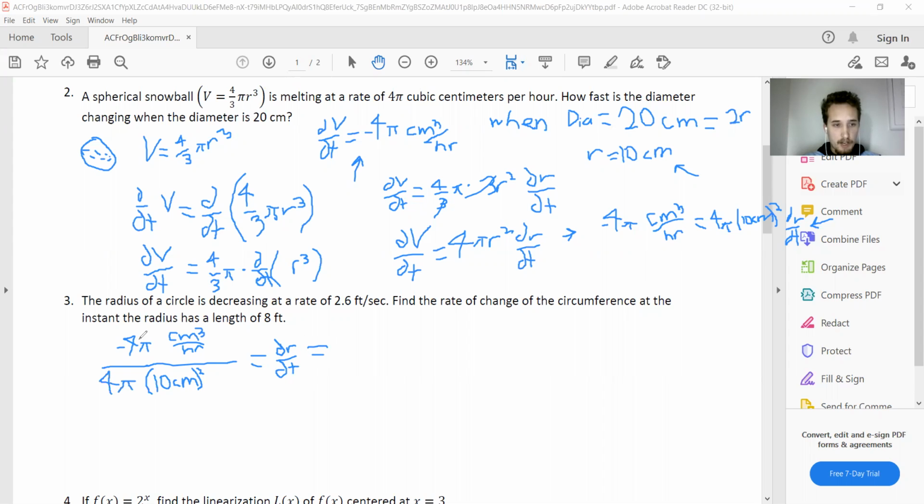And then simplifying, we can get rid of the 4 pi's. We can actually get rid of the centimeters squared, and that cancels out with 2 of the 3 up here. So we do get negative 1, 10 squared is 100, centimeters per hour.